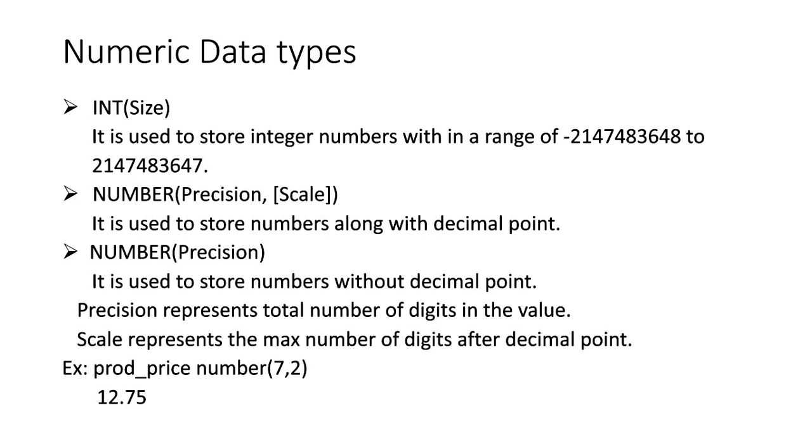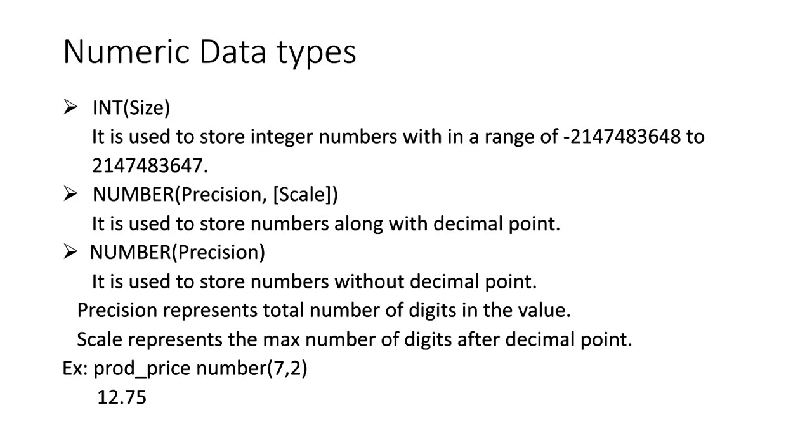If you want to, you can specify the scale as 5 or 10. So I think you got what precision and scale are. And coming to NUMBER with just precision as a parameter, it is used to store numbers without a decimal point, like 12, 50.